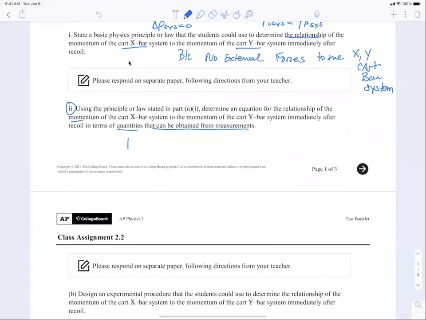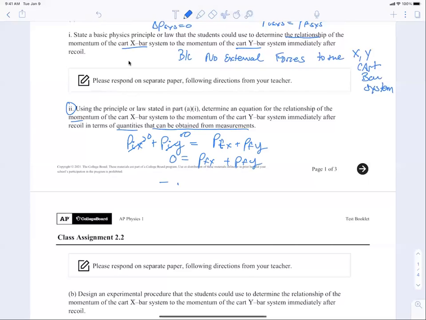Okay, so momentum initial of X plus momentum initial of Y has to be equal to momentum final of X plus momentum final of Y. This is 0. So 0 equals momentum final of X plus momentum final of Y.